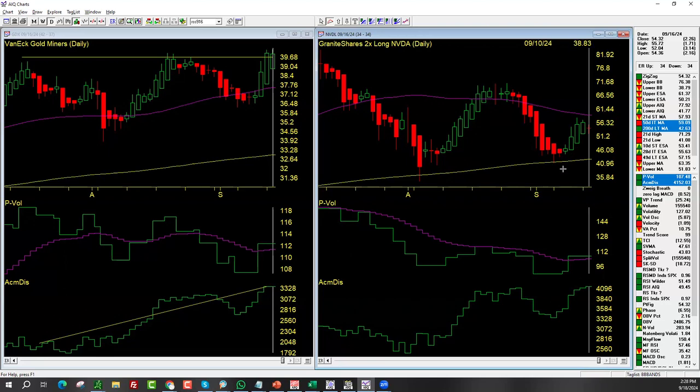And that's why those leveraged ones tend to take off real quickly, and some of the other indicators don't confirm that until we get past this level here. The accumulation distribution has no confirmation there. It's just moving in sync. Versus when you look at the gold miners, look at the pattern compared to this, how much accumulation distribution has been going on versus this, where it's just moving with the price pattern.